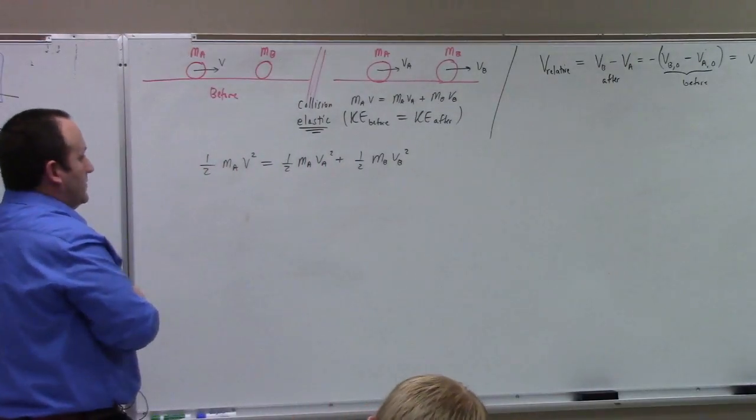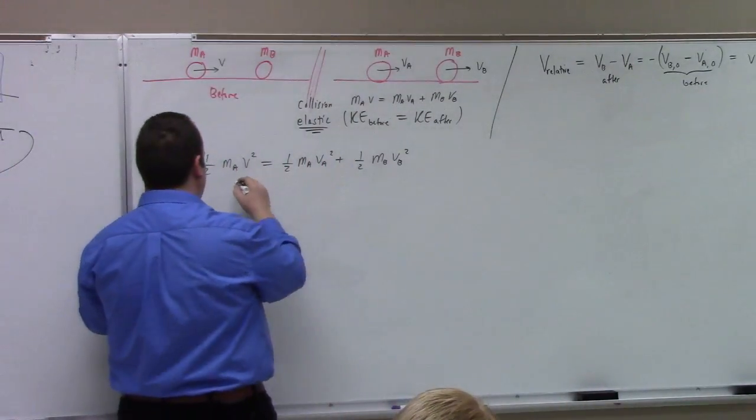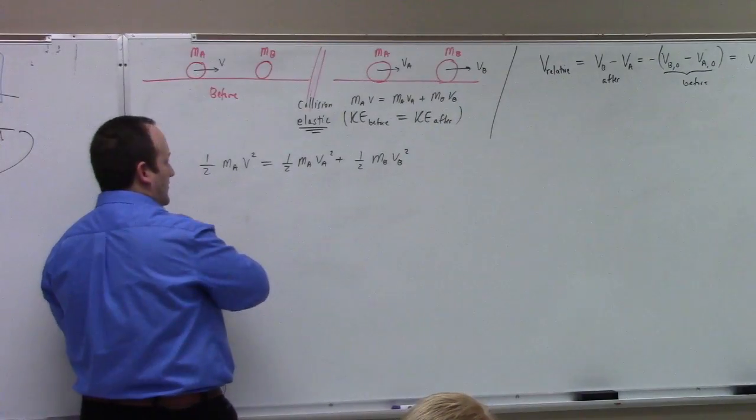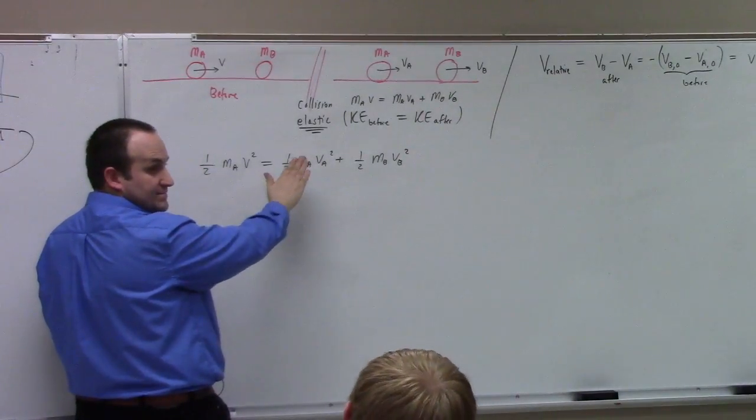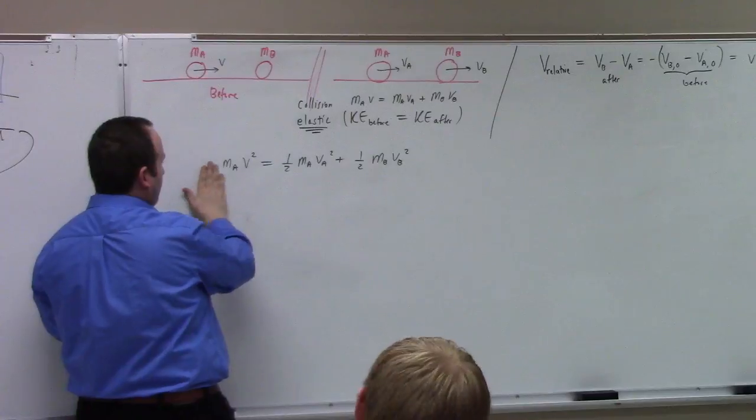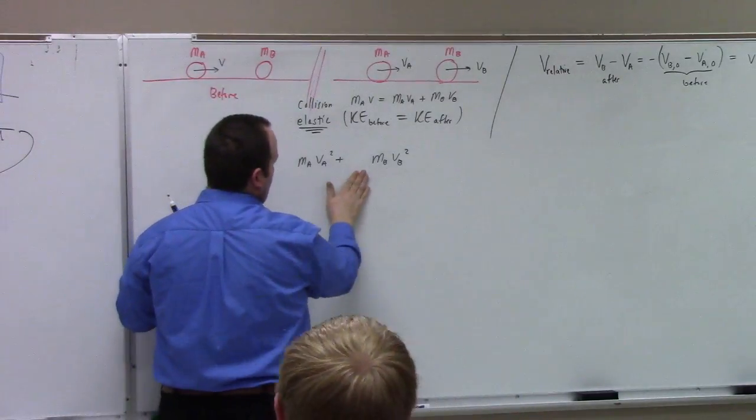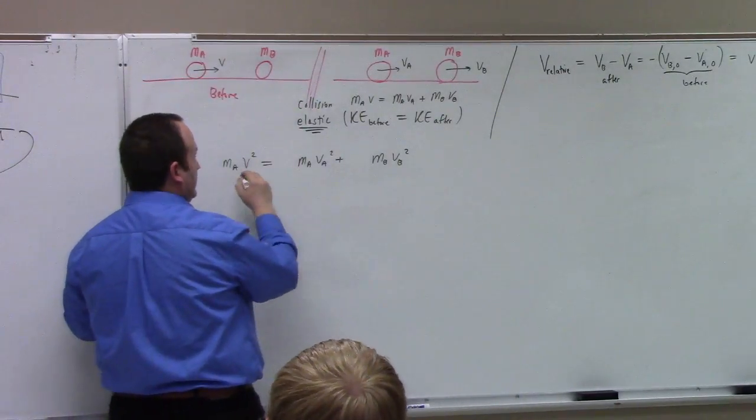So my goal, our mission, if we choose to accept it. If you don't mind, I'm going to erase these halves. You watching? We want to solve these equations here.